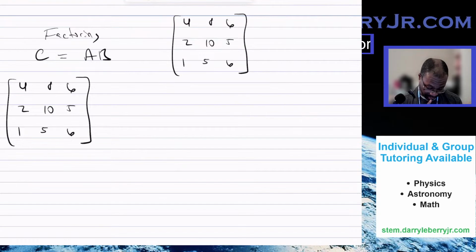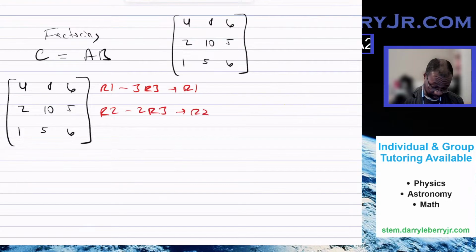I'll do row 1 minus 3 row 3, and row 2 minus 2 row 3 to be row 2.